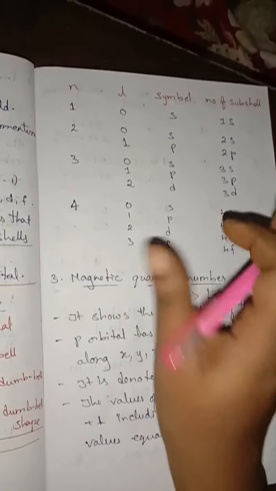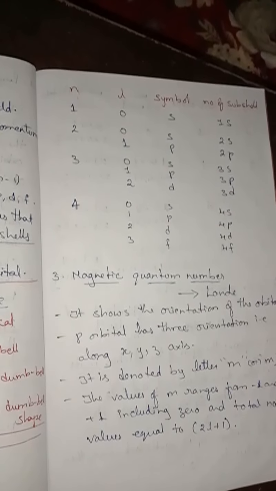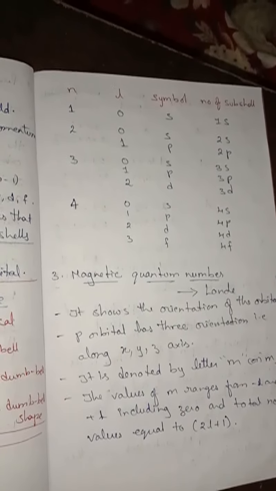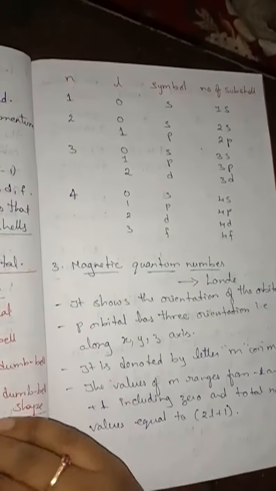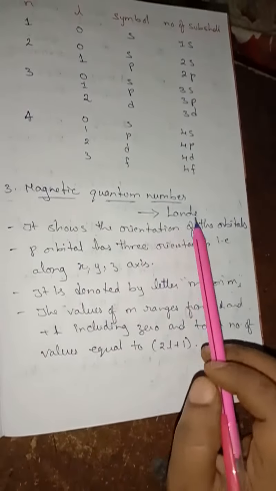This is how we relate the principal quantum number with the azimuthal quantum number. In this way the subshells are divided, and how many electrons can be accommodated, we already know that.